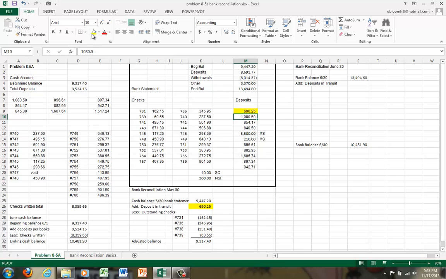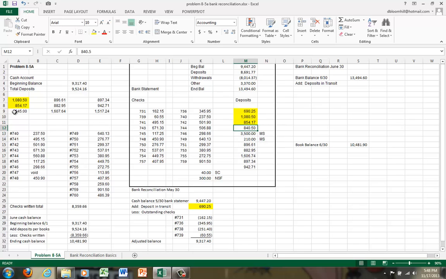Now let's match up the deposits per our cash account with the deposits per the bank. 1,080.50 matches up with 1,080.50, so we can tick those off. 854.17 matches up with 854.17, so we can tick those off. Here we have 845 and we have 840.50.